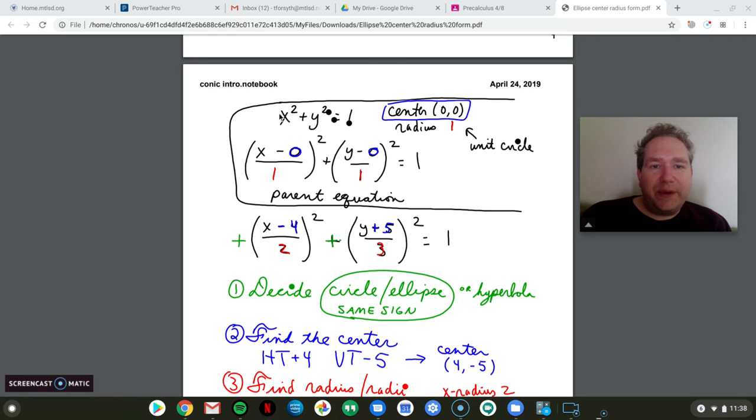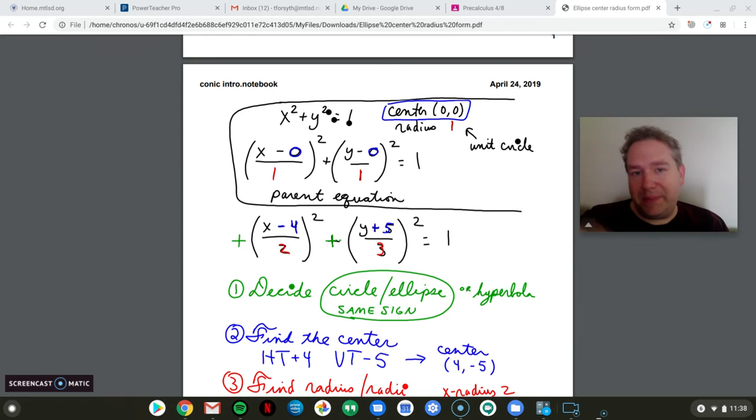Look, I could take this first term, x squared, and I could say that's the same as x minus 0, because that's x, divided by 1, still x. Subtracting 0, dividing by 1, doesn't change the fact that this is x squared. Same thing with y. Subtracting 0, dividing by 1, doesn't change the fact that it's just y squared.